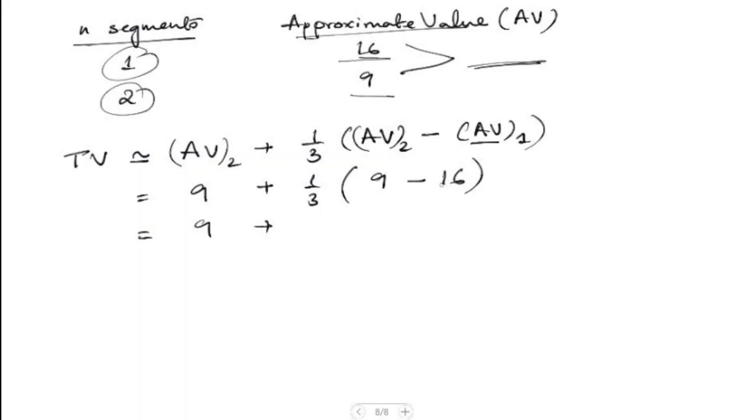So 9 minus 16 is minus 7, so this will be 9 minus 7 over 3, which is equal to 20 divided by 3, which you can write as 6.6667. So that's the next approximation here.